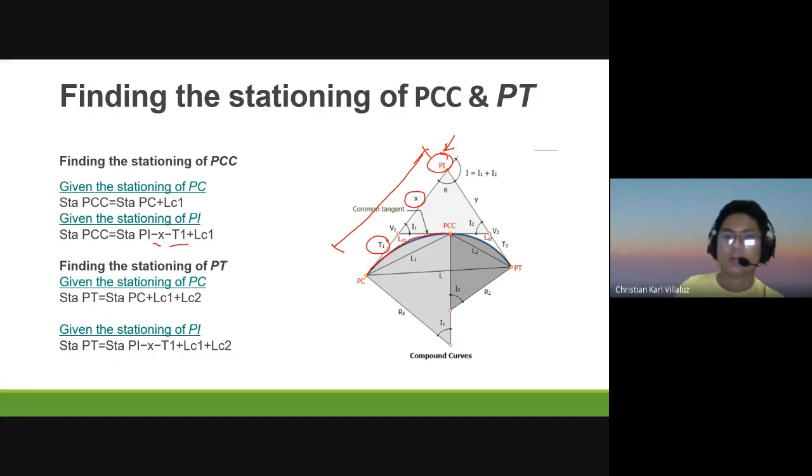Because ito na yung talagang dapat na stationing na i-determine na dapat hanapin sa paghahanap ng stationing ng PCC. Same way kung PT, yung stationing na pinapahanap. Kung galing sa PC, just add LC1 and the length of curve of the second. Ganun din kung stationing ng PI, ang given, subtract X, subtract T1, then add LC1 and LC2.